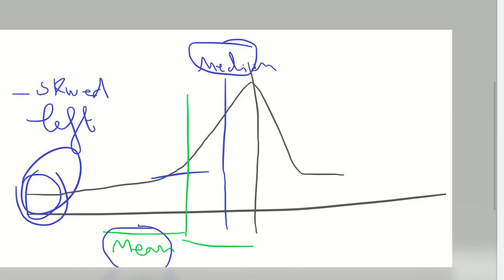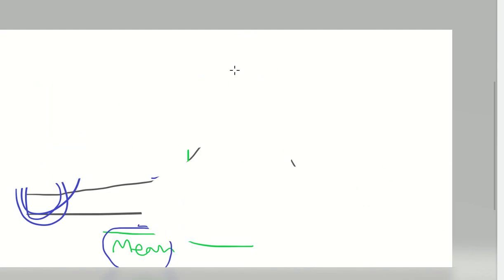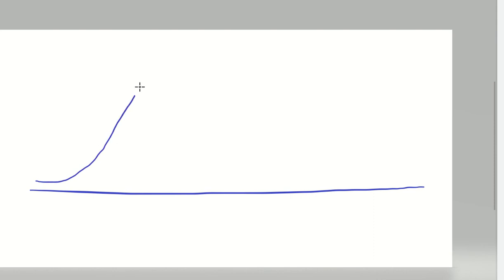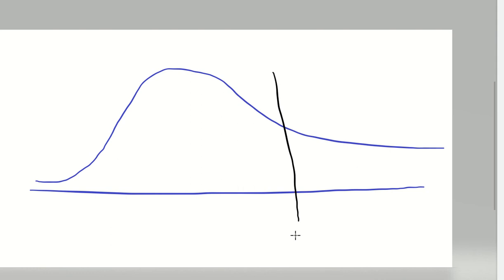Here's a quick explanation again. So I was talking about a distribution that is positively skewed, so it's skewed to the right. And we said in this situation, let's say this is the mean, and that is the median, for example. We said that the median is the 50th percentile.